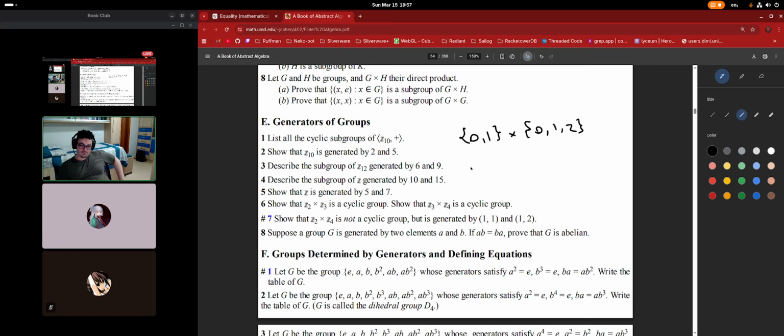And the other one doesn't work because you have 0, 1 and 0, 1, 2, and 3. Why can't this be a cyclic group? It doesn't work because if you start from 1, 1, one cycle is exactly half of the other, so you'll never get the combinations where the parity is different between them.